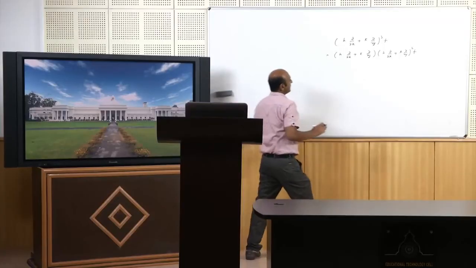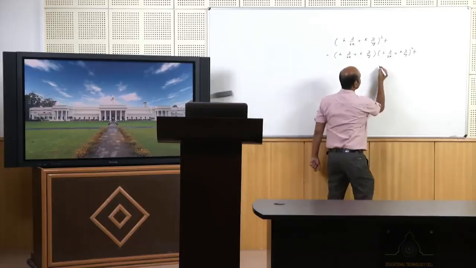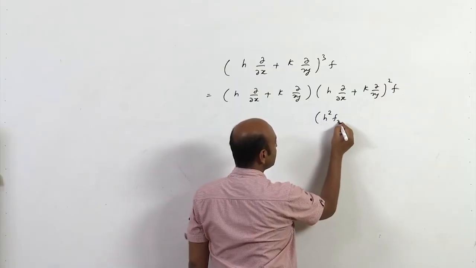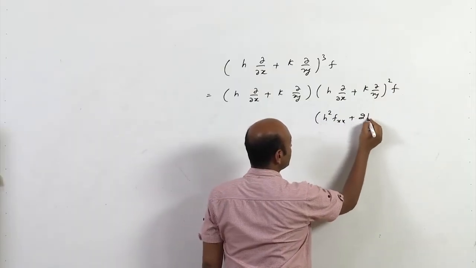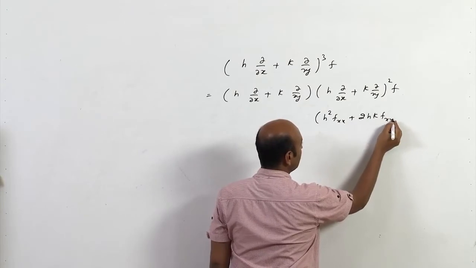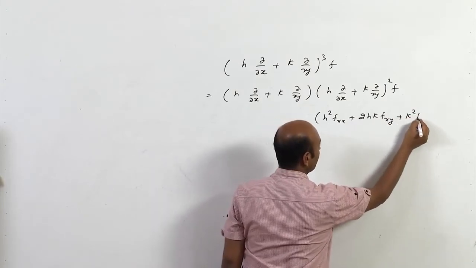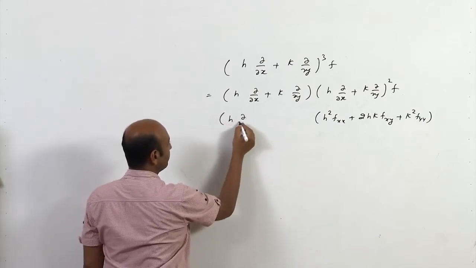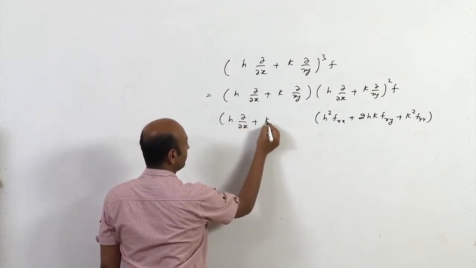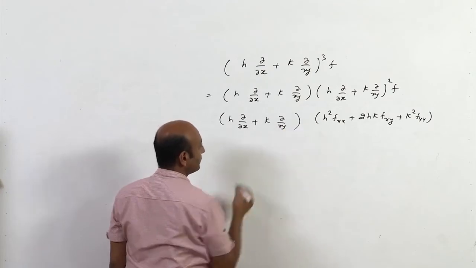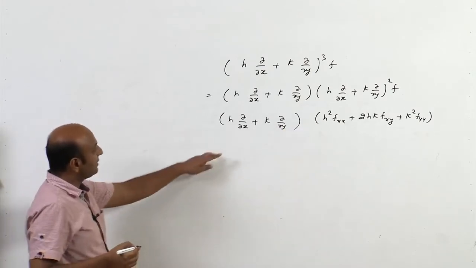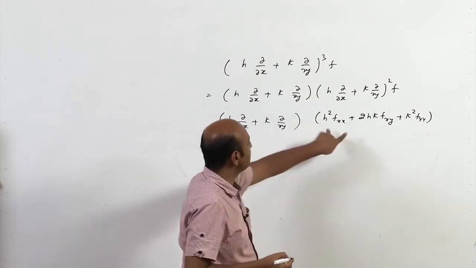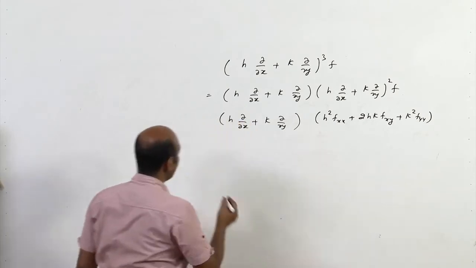We have already seen that this term is h square f_xx plus 2 h k f_xy plus k square f_yy. Okay. When you operate this operator on this function, what will you obtain now?